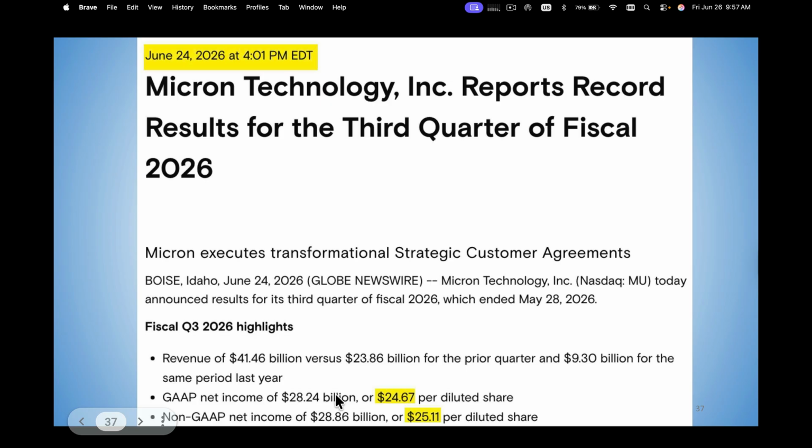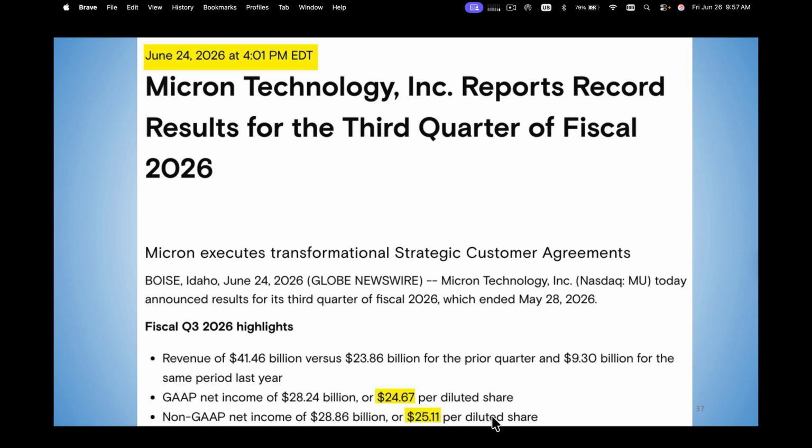So GAAP income is $24.67 per diluted share, and they also reported something called non-GAAP net income of $25.11 per share. I report and highlight both of these numbers to show you that while we calculate in this course GAAP net income, analysts and the companies talk about something called non-GAAP net income, which is determined on a per company basis by the managers of the company.